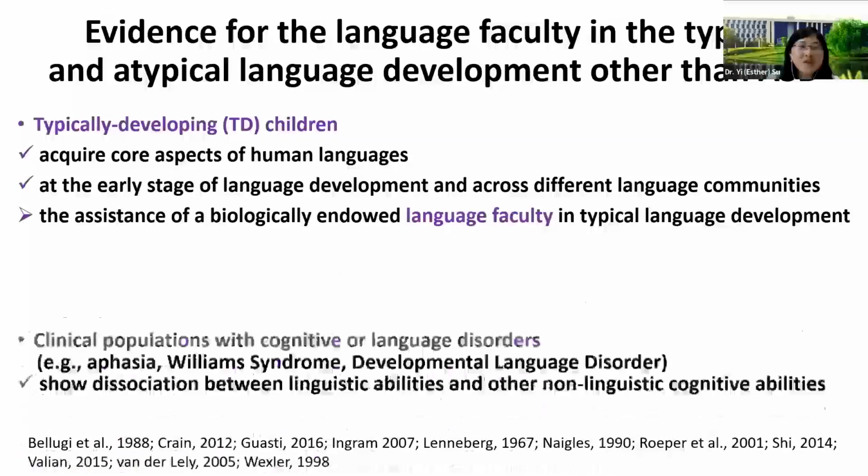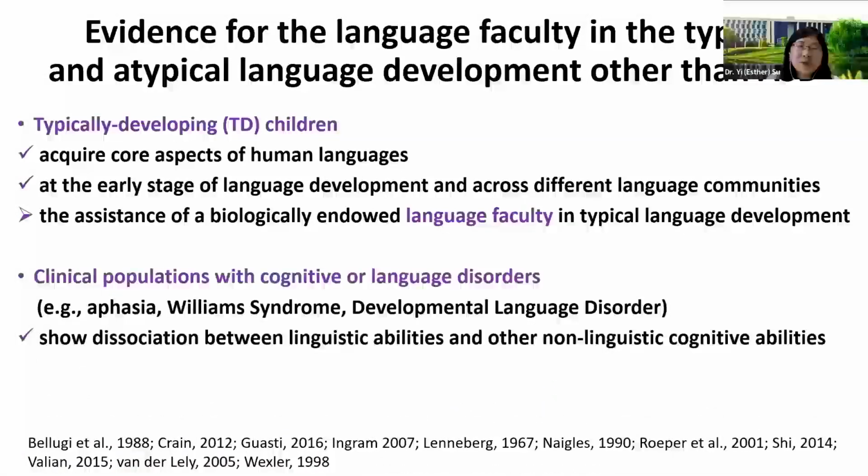And also in clinical populations with cognitive or language disorders, like aphasia, Williams syndrome, and developmental language disorder, previous studies also suggest that they show dissociation between linguistic abilities and other non-linguistic cognitive abilities.